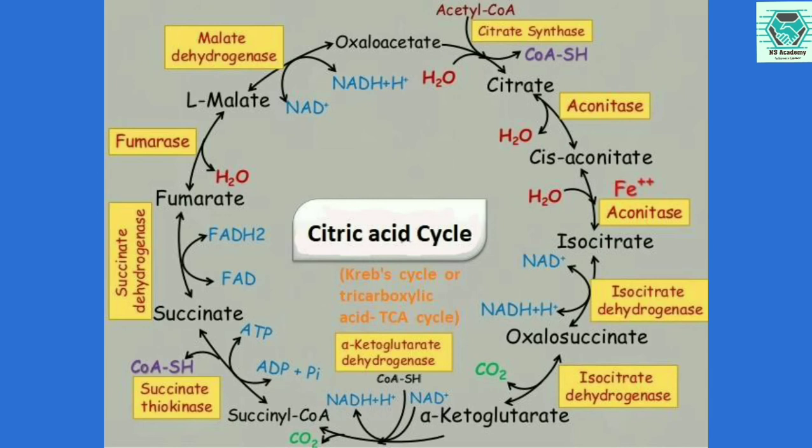In the next step, that is step 8, conversion of succinate to fumarate. Succinate is oxidized by succinate dehydrogenase to fumarate. This reaction results in the production of FADH2.